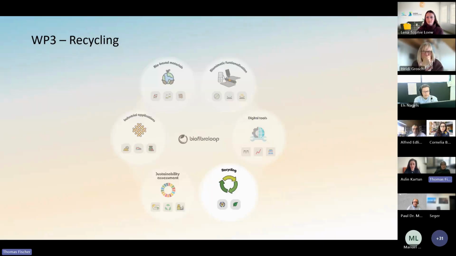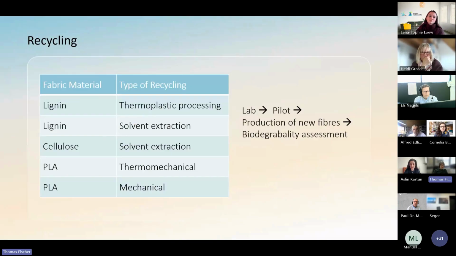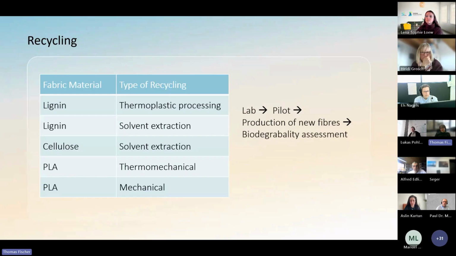Let me just briefly say some more words to the recycling. Recycling is tricky, but we have the positive aspect that we don't need the PFAS anymore, that we have more or less lignin and other biodegradable materials as monomaterials. So that's kind of the good sign.